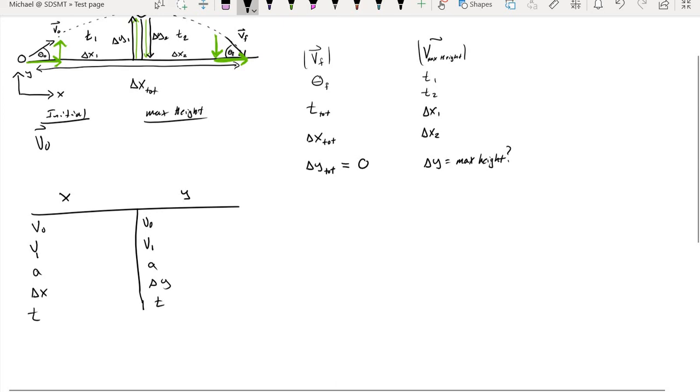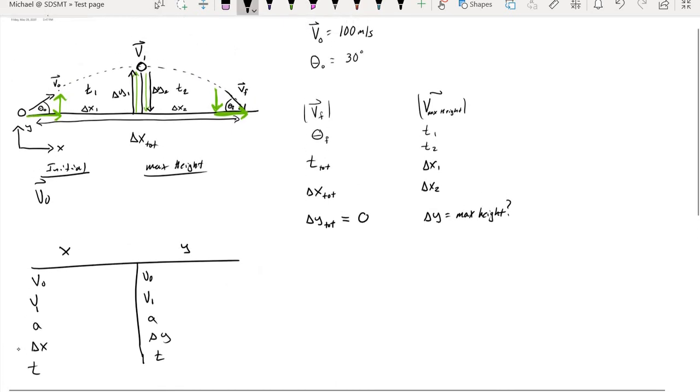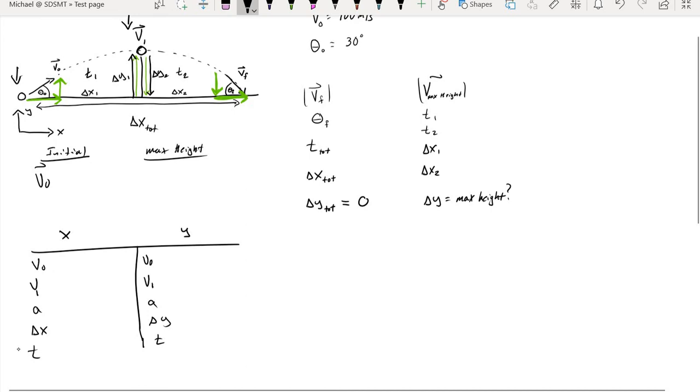Now, more specifically, the displacement that occurs from the starting point to the maximum height along the x direction is delta x1. That is one of the values that we're searching for.